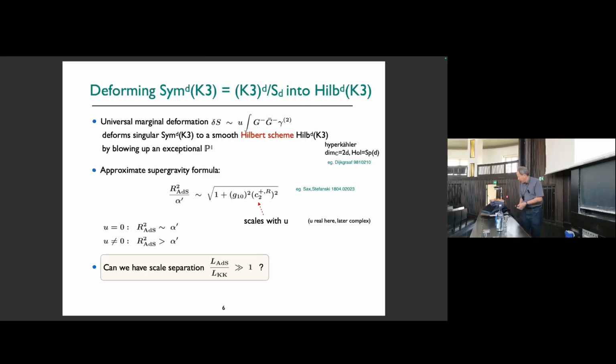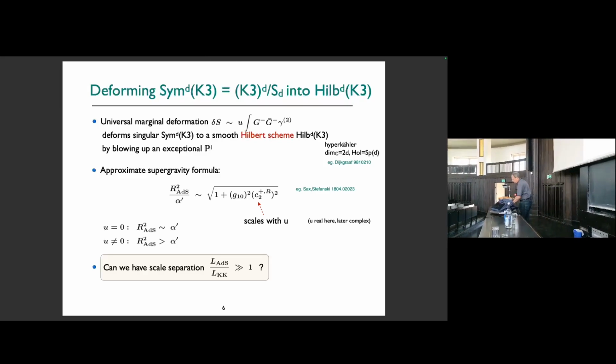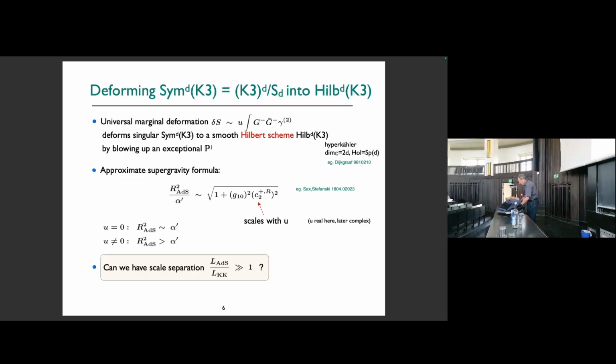Okay, so what we want to focus on, as I was saying, is the deformation of this theory away from this orbifold point, which deforms the symmetric product, which is an orbifold, into what is called the Hilbert scheme, which you can just think about as a smoothed version of this orbifold.